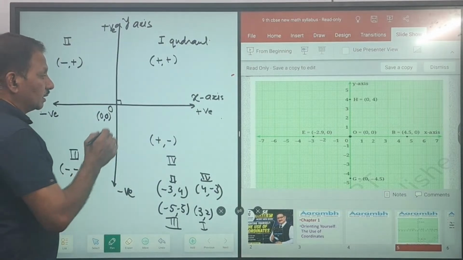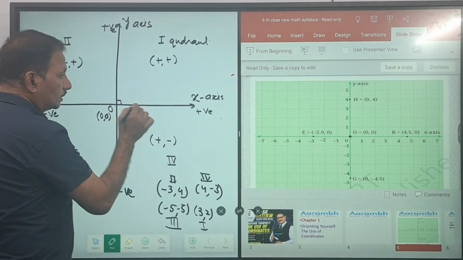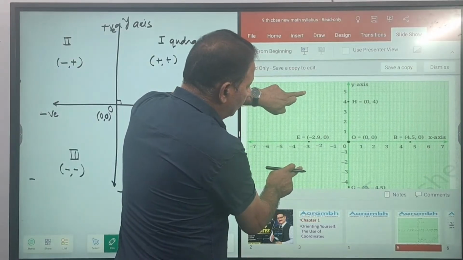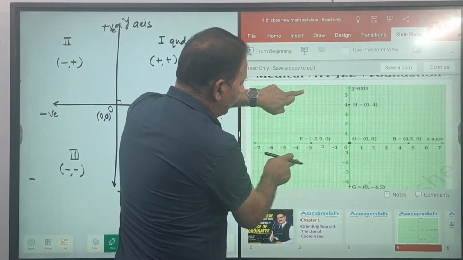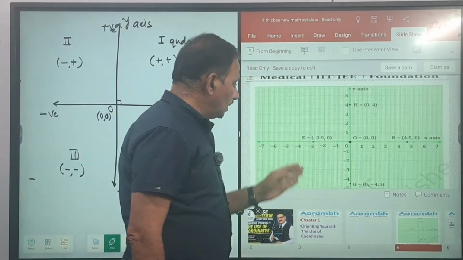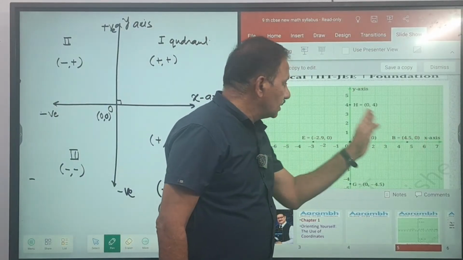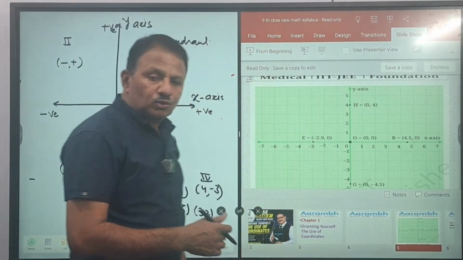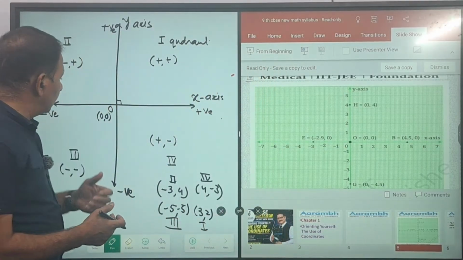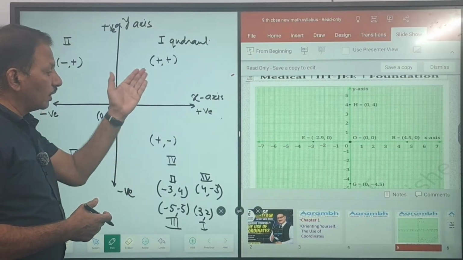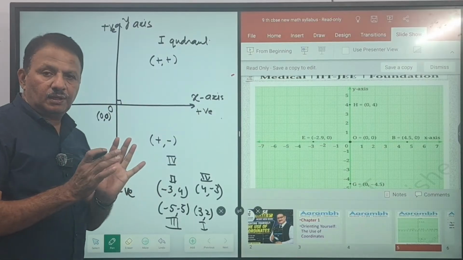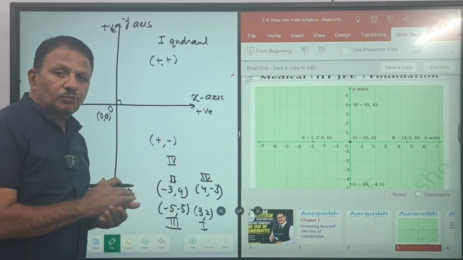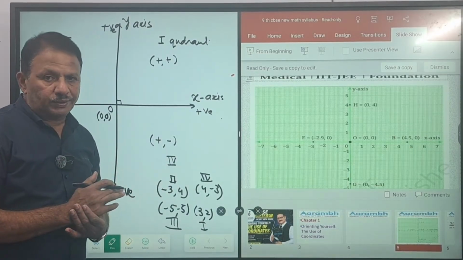Second thing is that, suppose for example, just look here, this is the x axis and the y axis is given to you. Some points lie on the x axis, some points lie on the y axis. हमको तो ये पता चल गया है कि अगर कोई पॉइंट कोई क्वाड्रेंट में है तो हम इजीली बता सकते हैं कि वो कौन से क्वाड्रेंट में है अकॉर्डिंग टू द साइन ऑफ द x coordinate and y coordinate.